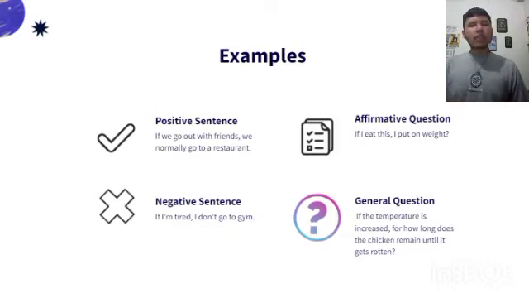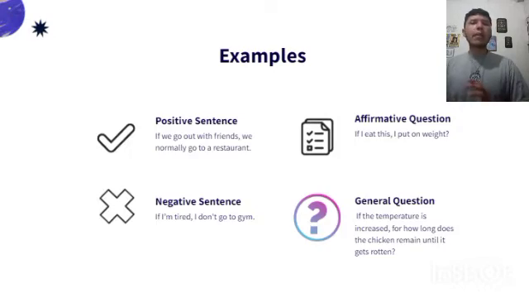We see here that for asking, due to the structure, we don't really need to change too much, because the main clause actually remains exactly as it is. And then in the general question: if the temperature is increased, for how long does the chicken remain until it gets rotten?